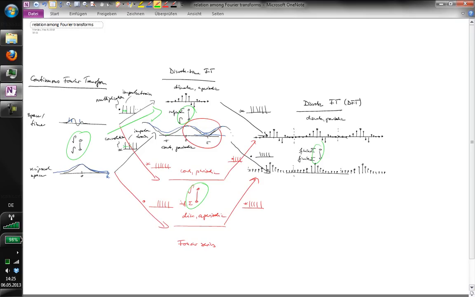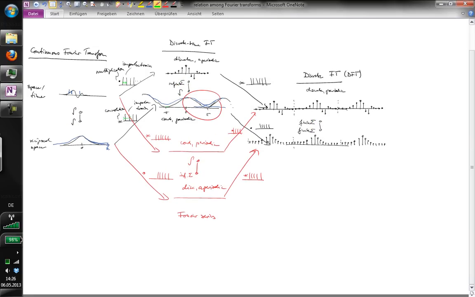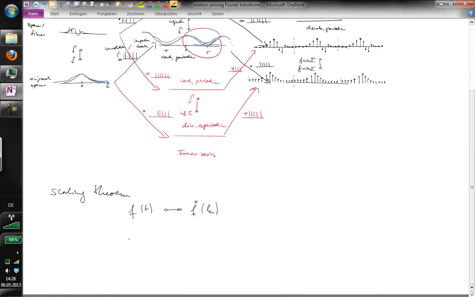More comments? No, no, because we have the scaling theorem, which says that, now using continuous notation, if I have a function f of t, which is the Fourier transform of some function of k, then if I take this, its Fourier transform is given by, and then modulo the constant, the normalization constant is also affected by this parameter alpha.